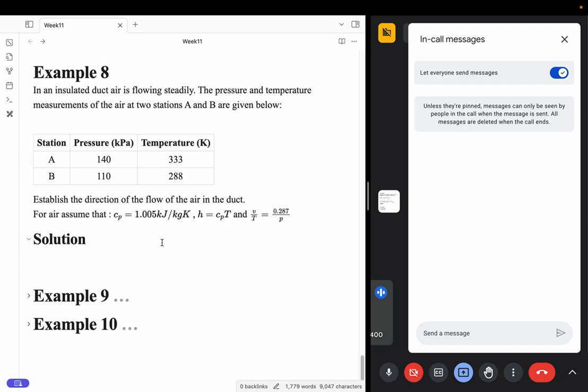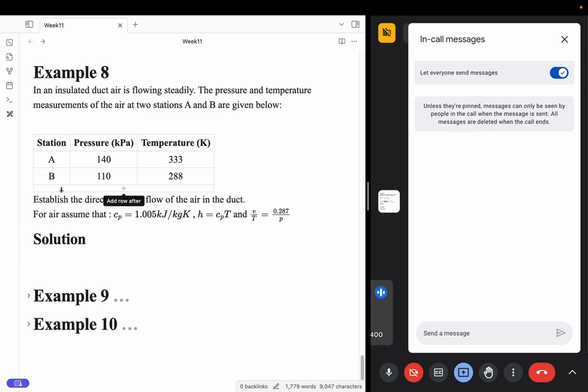So with that logic, can you calculate delta S between A and B? So which relation will you start with?